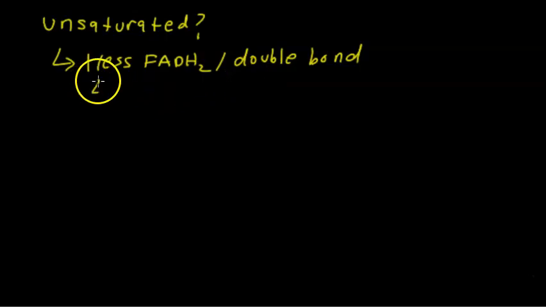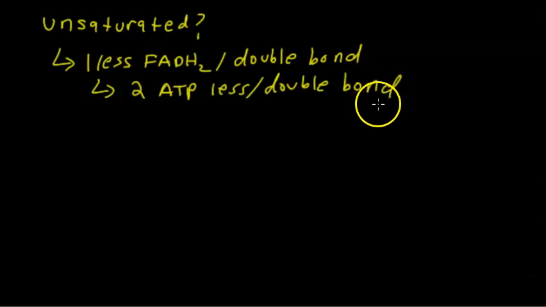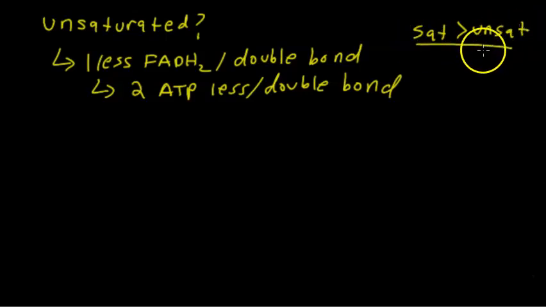So you actually end up making 2 ATP less per double bond. So a saturated fatty acid gives us more ATP than an unsaturated fatty acid, assuming you have the same number of carbon atoms to work with.